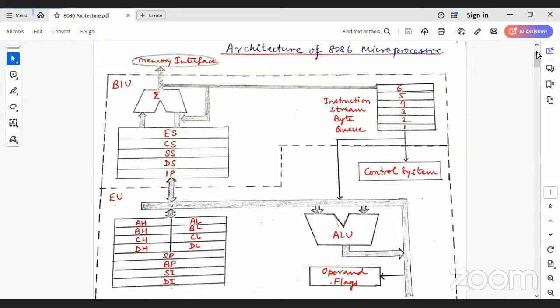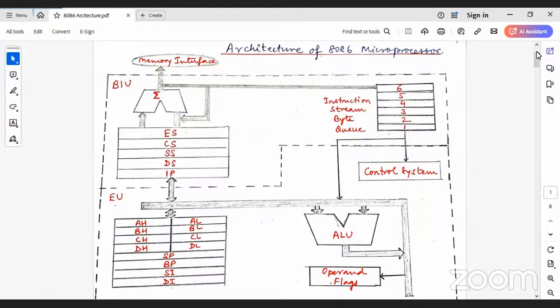Out of the 16 address lines, the lower address lines are also used as data lines. Time multiplexed means for some time they will be used as the data bus, and for some time they will be used as the address bus.